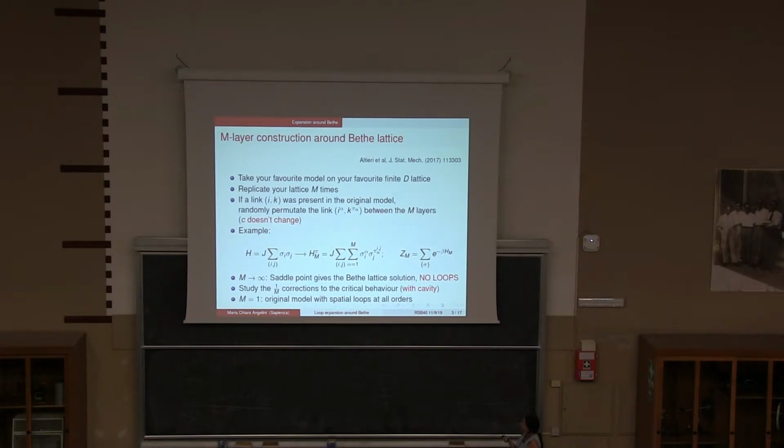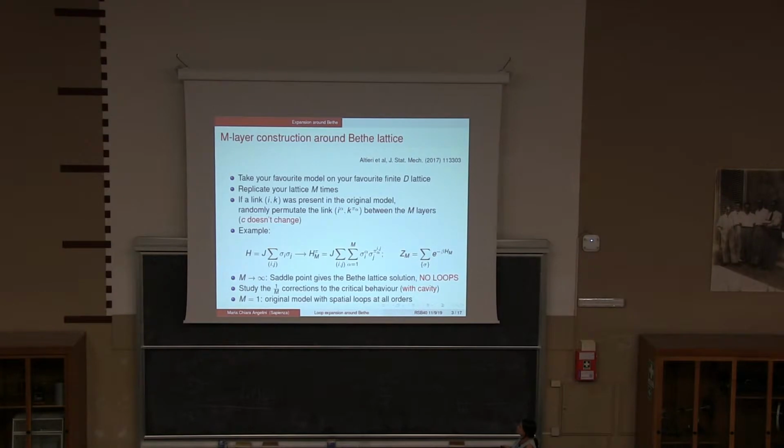So for example, you have the Ising Hamiltonian. You can write the Hamiltonian for this replicated system, and then write the usual partition function. You can realize that in the m equal infinity limit, you will have an m in front of everything, so you can take the saddle point if m is large, and this saddle point will give you exactly the Bethe solution of the model, exactly the free energy of the Bethe lattice solution of the Ising model.